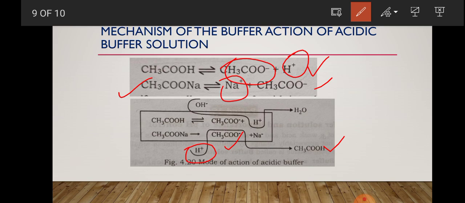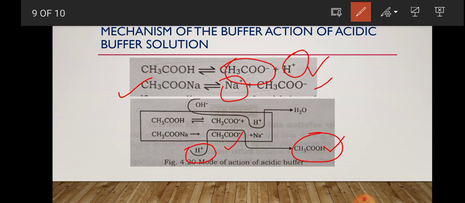As acetic acid is a weak acid and acetate ion is already present in the buffer solution mixture, the newly formed acetic acid will not ionize due to the common ion effect, and the value of pH will not change in this case.